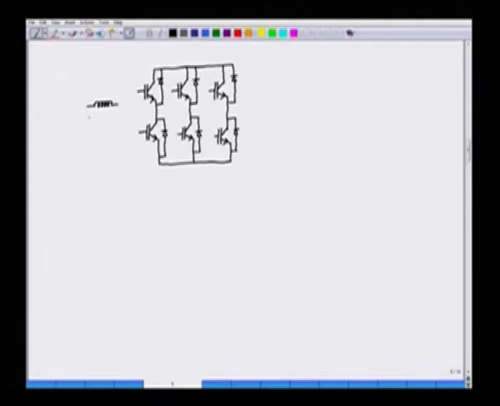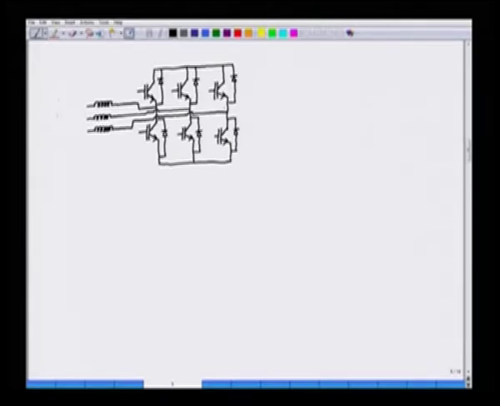So, this is for phase A, phase B and phase C. Now, this is connected to the first phase, then we have the second phase and then we have the third phase.